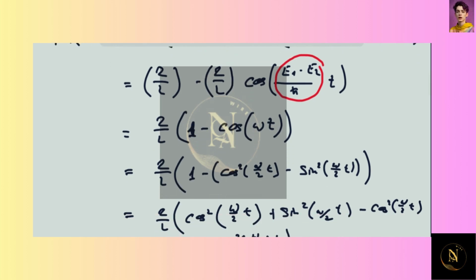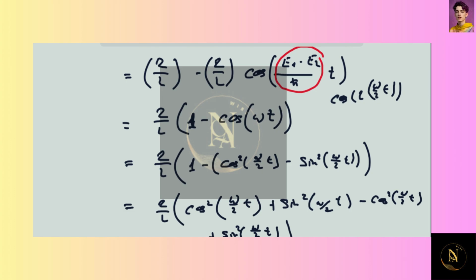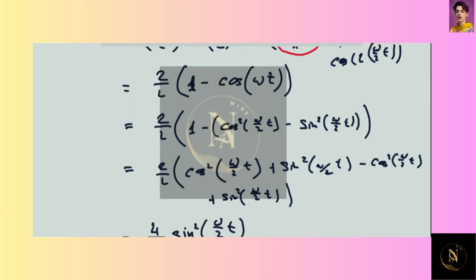And cosine omega t, I can say that is basically a double angle formula for 2 times omega over 2 times t, right? And then I can say that cosine of 2 times omega over 2 times t is cosine squared of omega over 2 times t minus sine squared of omega over 2 times t. The utility of doing that is that I can also write 1 as a function of this angle, right?